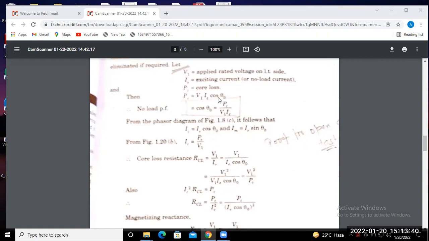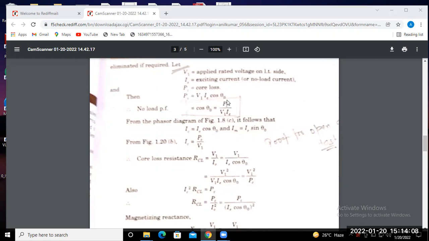Okay. So the no load power factor we can find out from this equation, because you have already taken the readings of wattmeter, voltmeter and ammeter. So if you put all these parameters, that means power, voltage and current, then we can find out the no load power factor of the transformer, is it not? Cos theta 0 equals PC divided by V1 IE.